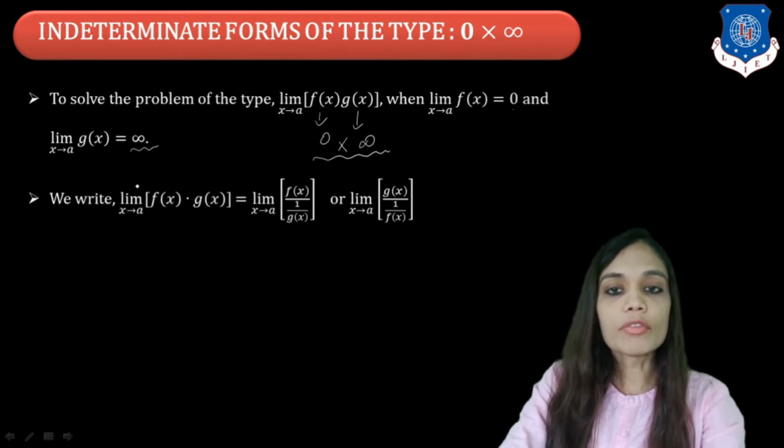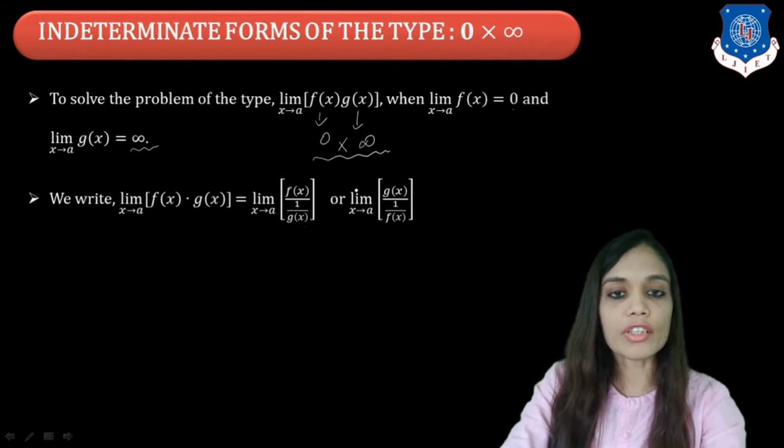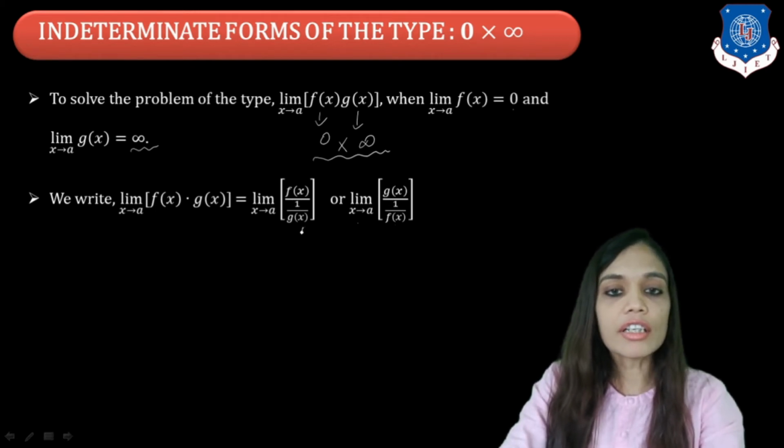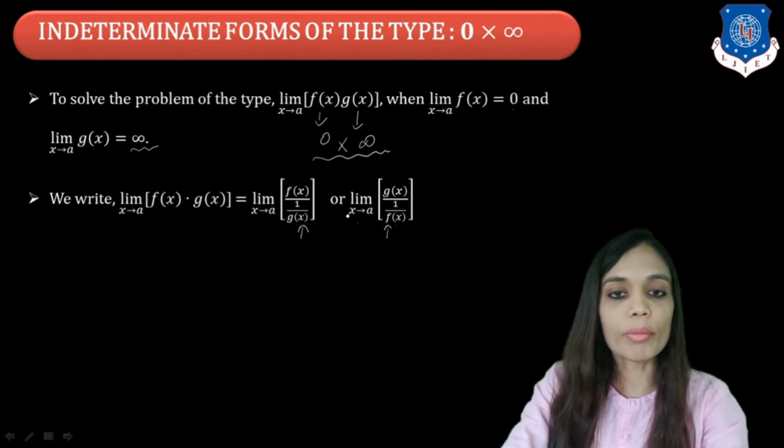We will write limit x tends to a f of x into g of x, that will be equal to limit x tends to a f of x upon 1 upon g of x, or limit x tends to a g of x upon 1 upon f of x, that is we will take f or g in the denominator. In this we will choose functions such as trigonometric functions or algebraic functions.